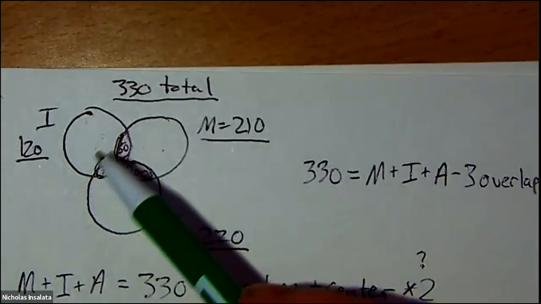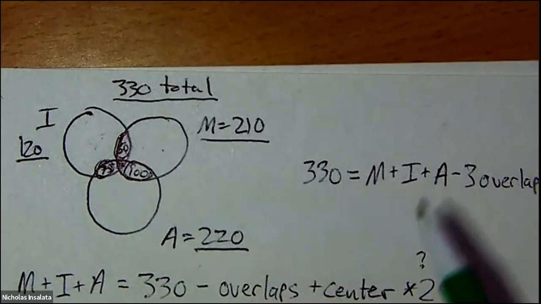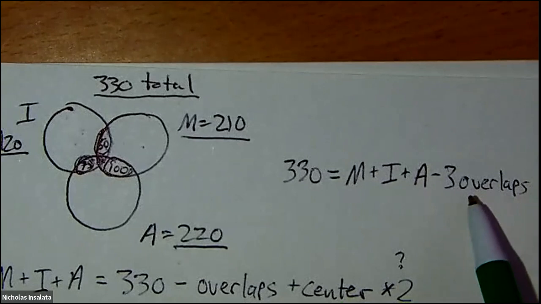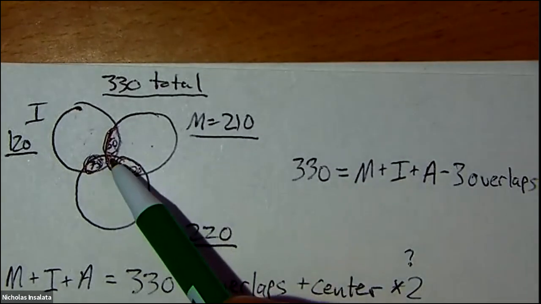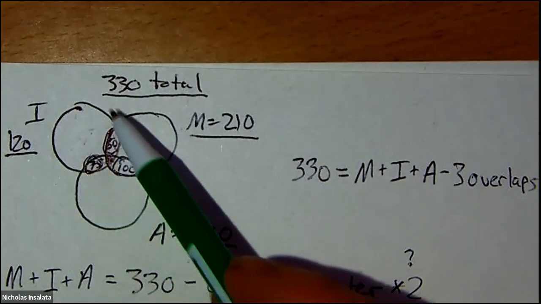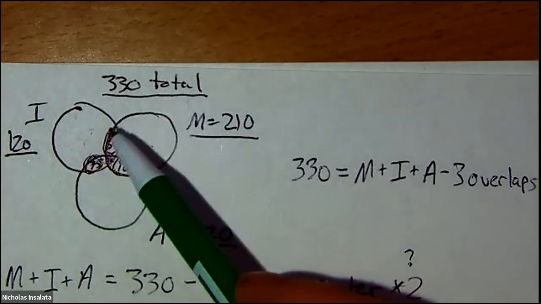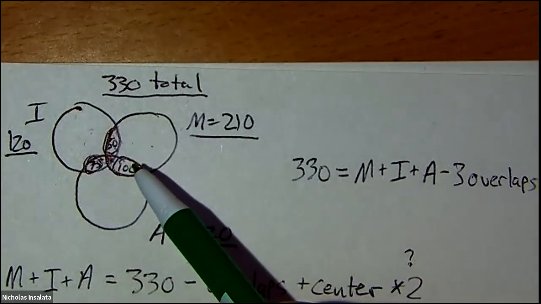Now, since we're double counting these overlapped parts, we should subtract off one of them, right? Minus one of each of the 3 overlaps. But when I do that, I'm subtracting off the center 3 times, right? I started with the center being counted 3 times because I counted it once for the entire I circle, once for the entire M circle, and another time for the entire A circle.